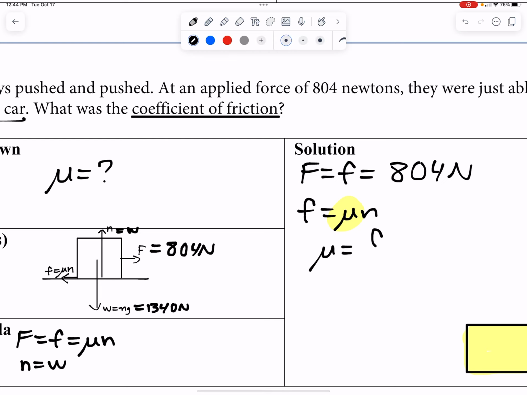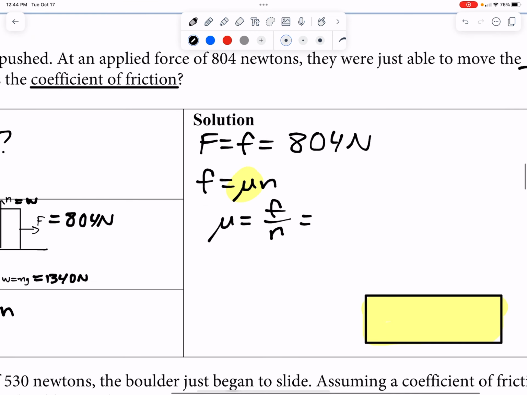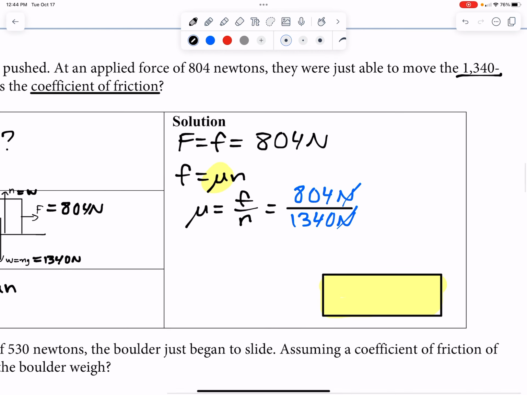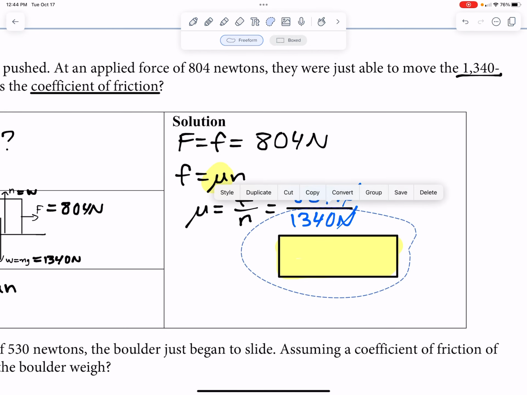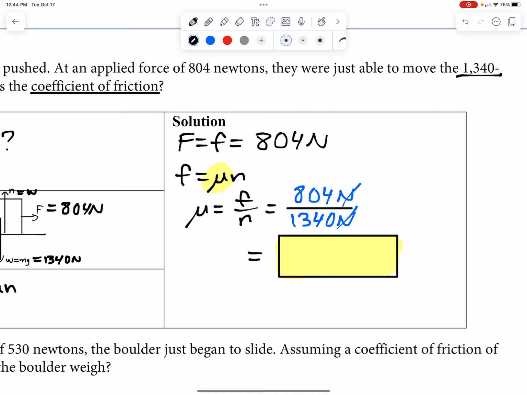So mu is equal to friction divided by the normal force, which would be 804 newtons divided by 1,340 newtons. You can see that newtons cancels, making the coefficient of friction mu a unitless decimal. Take a second to put that in your calculator. And you should have gotten about 0.6.